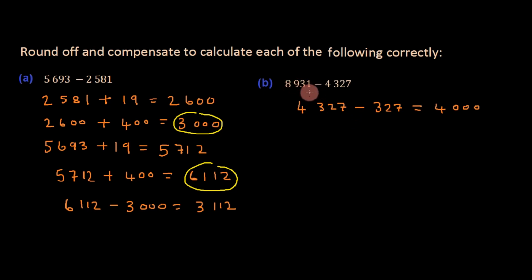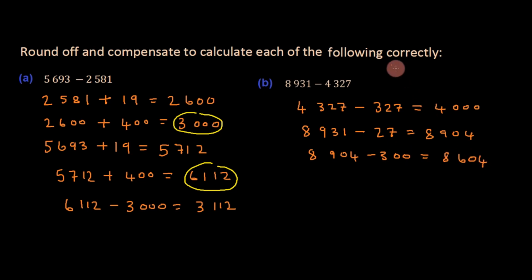So we must also subtract it from 8931. And we can do it in 2 steps. We can first subtract 27. So that's 8904. And now we can subtract 300. And we get 8604. So once again, we're going to take this number and subtract the 4000 from it.